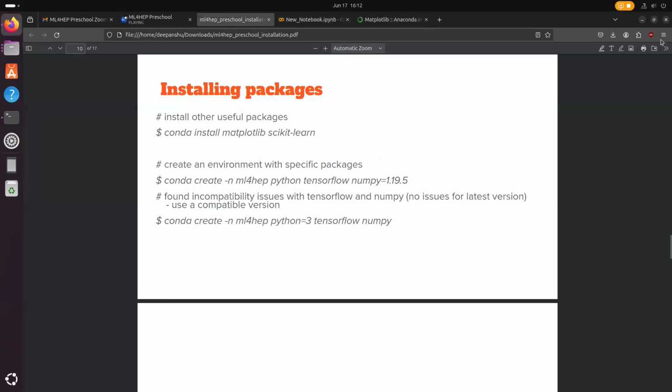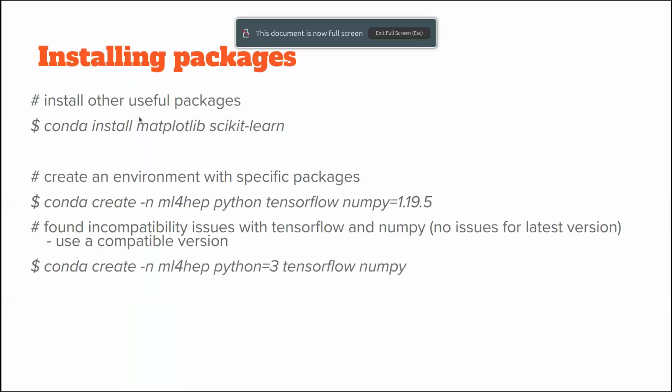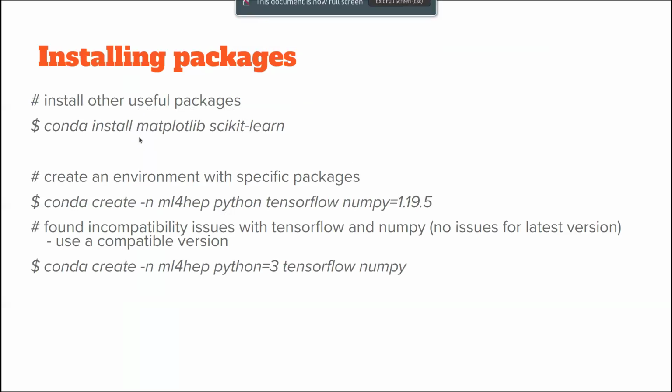Right. So apart from installing packages after creating an environment, we can install packages while creating the environment itself. Let's say we know that we want TensorFlow and NumPy in our environment, so we can run this command: conda create -n ML4HEP, and then Python, you can type a specific Python version also, and then TensorFlow and NumPy.